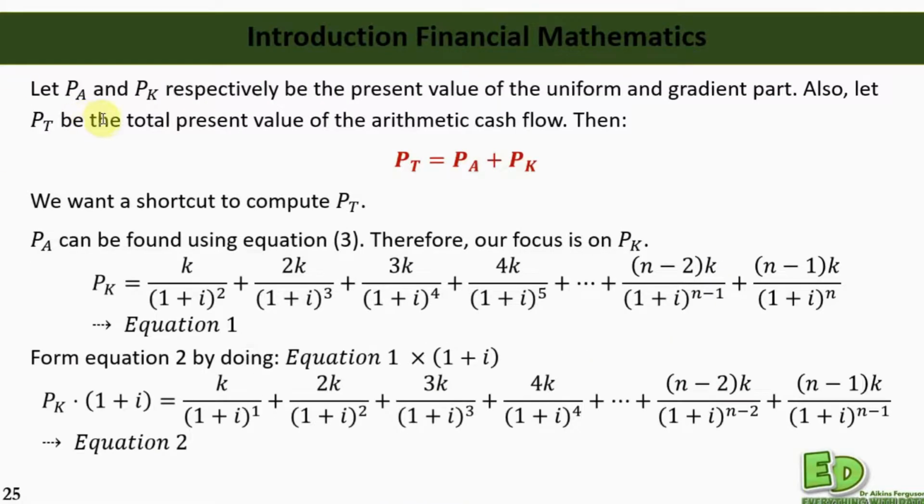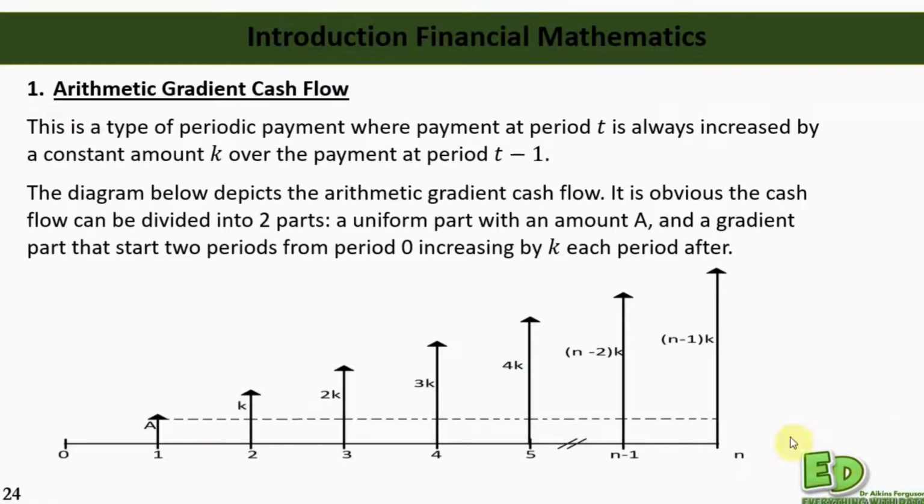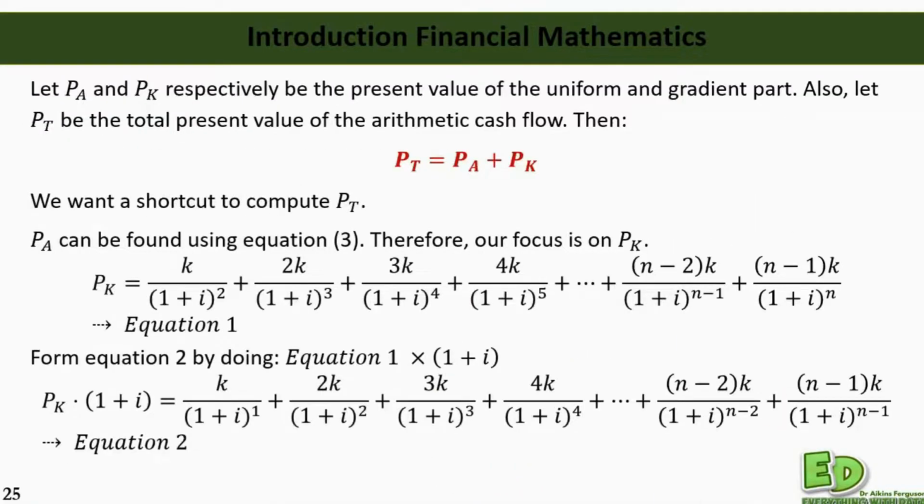So for that one, you need two formulas to find the total present value, because it is a fixed amount that you are receiving, but it's increasing by a fixed sum, right? So we need two formulas. Let PA and PK represent respectively the present value of the uniform part and the gradient part. Also, let PT be the total present value of the arithmetic gradient cash flow.